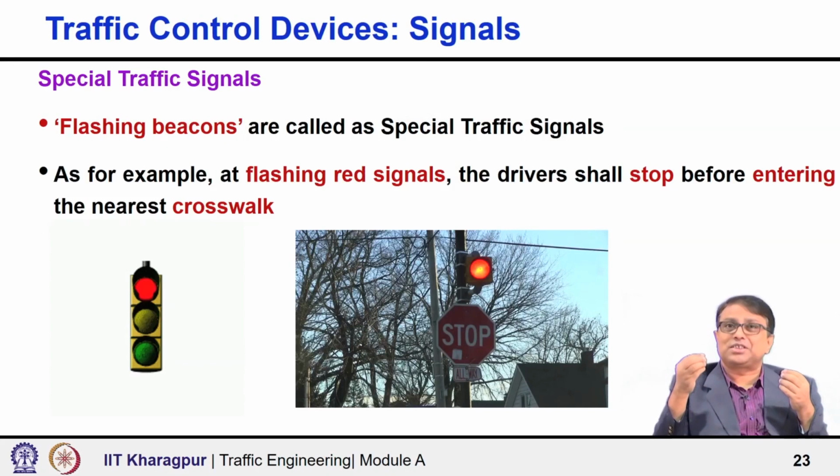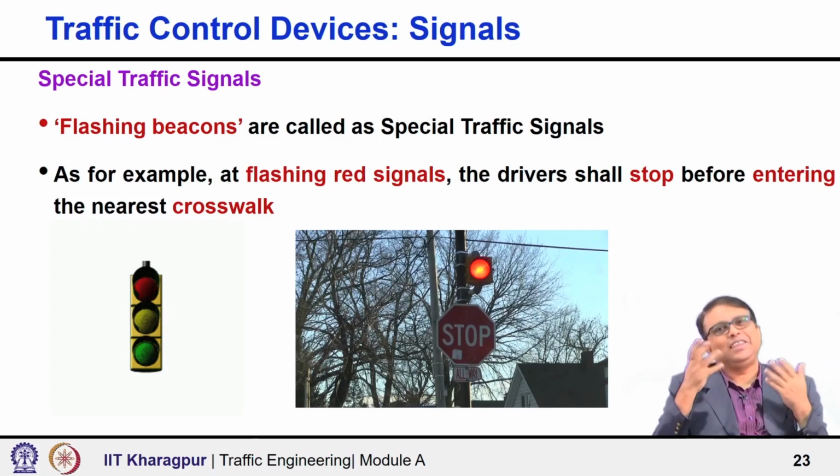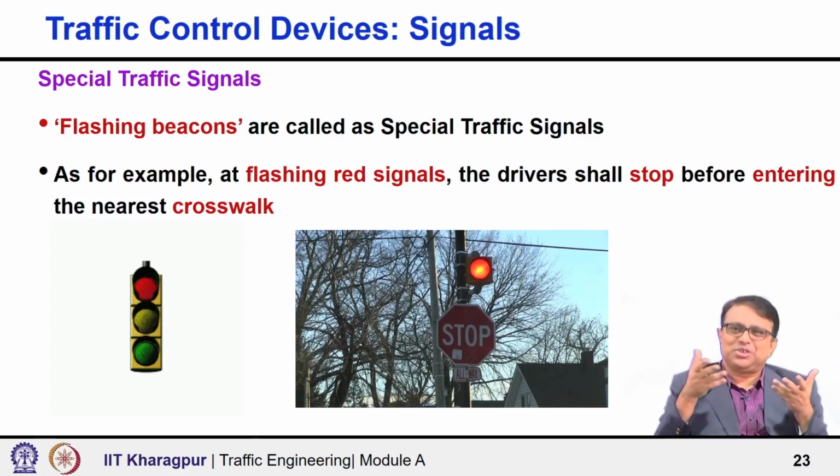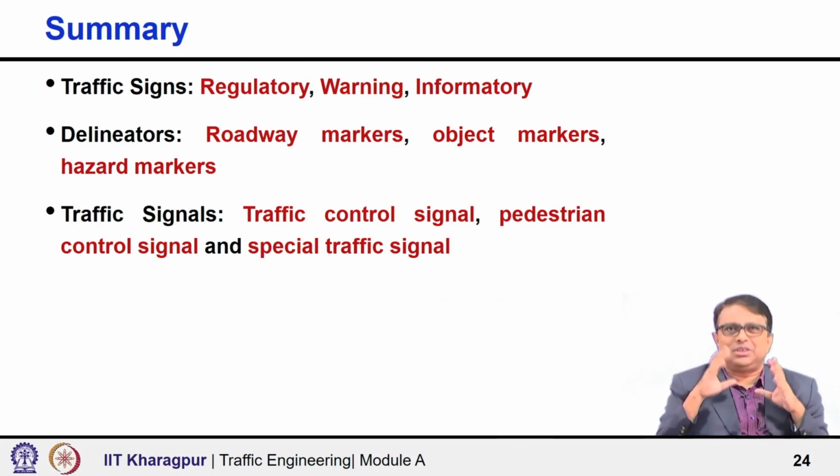Flashing red is equivalent to a stop sign. Flashing amber is equivalent to a give way sign. Sometimes at night, when the traffic is very low, city traffic operates with flashing red or flashing amber.